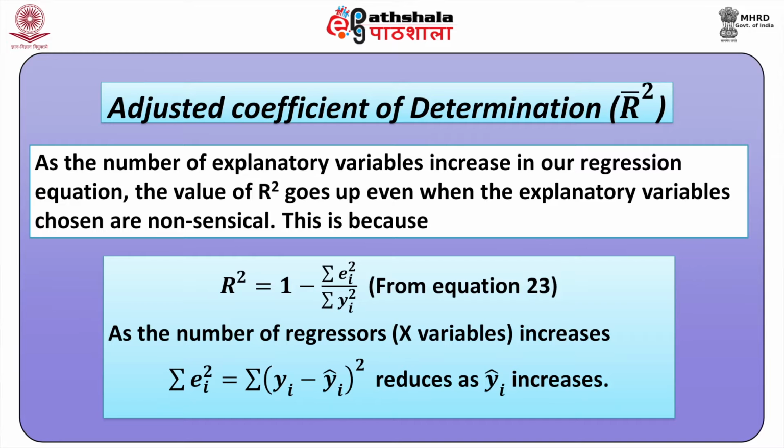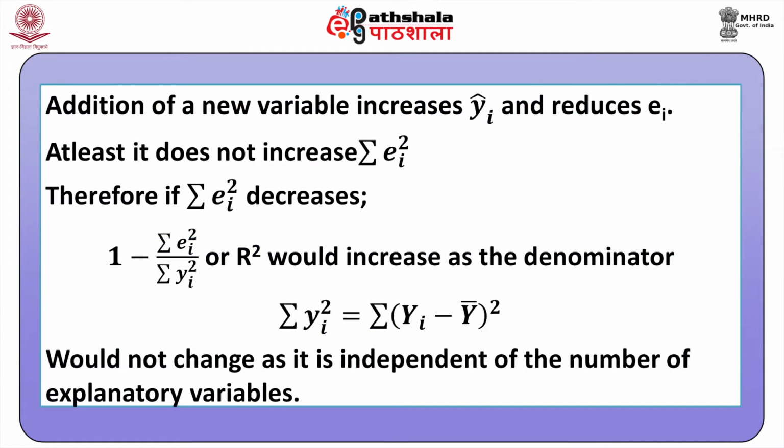As the number of regressors x variables increase, sigma ei square, which is equal to sigma yi minus yi cap whole square, reduces as yi cap increases. Addition of a new variable increases yi cap and reduces ei. At least it does not increase sigma ei square.